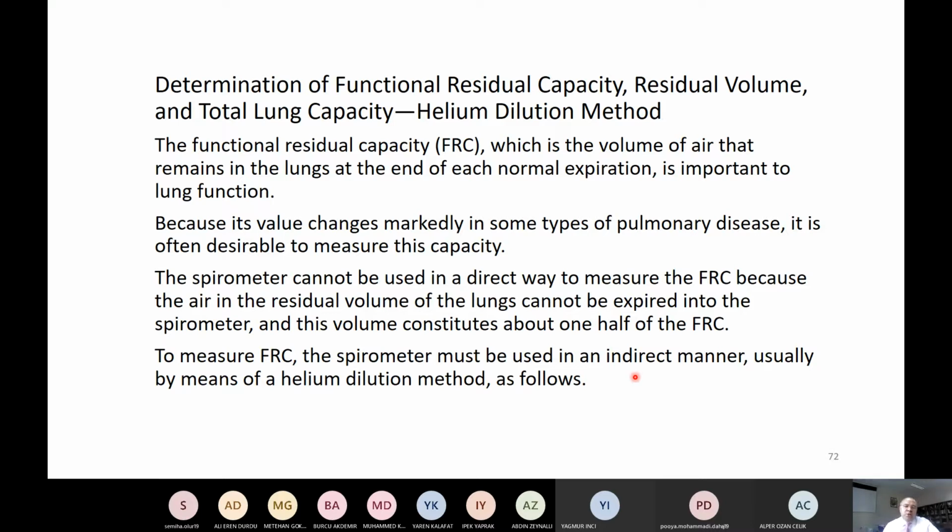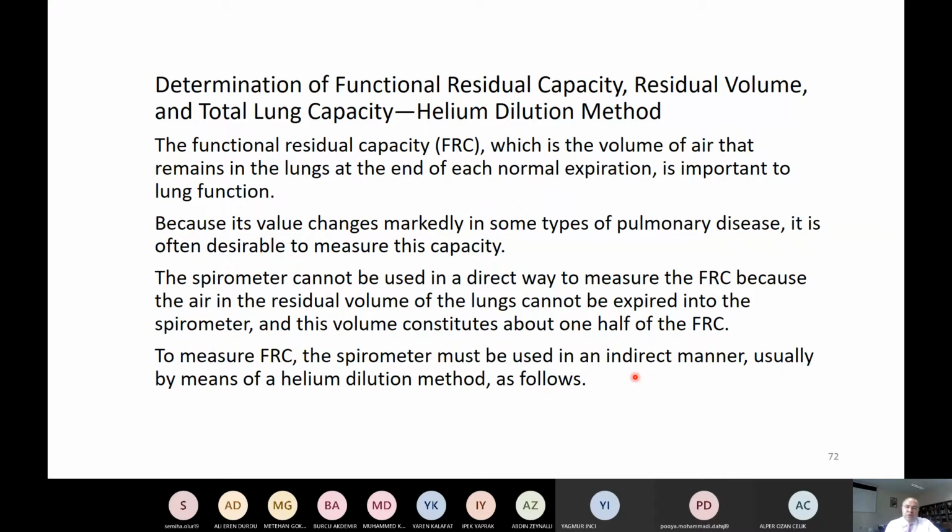Once we measure functional residual capacity from the equation C1 V1 equals C2 V2, we can measure the functional residual capacity using helium, and then we can simply subtract expiratory reserve volume from the functional residual capacity so that we will reach the residual volume.